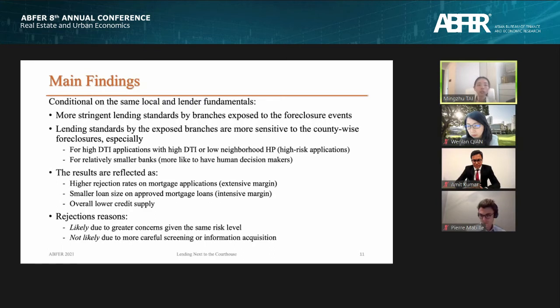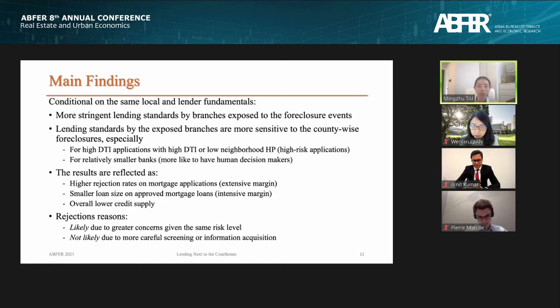So this is more likely for small banks, because the large national banks nowadays are using some centralized AI systems for mortgage screening. As a result, we also observe that our results are stronger, more prominent among the smaller banks.